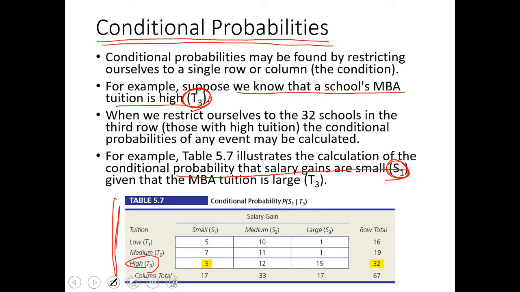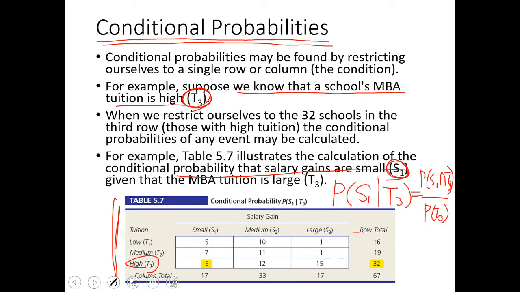So we want the probability of S1 given the information T3. That is the probability of S1 intersection T3 divided by the probability of T3.